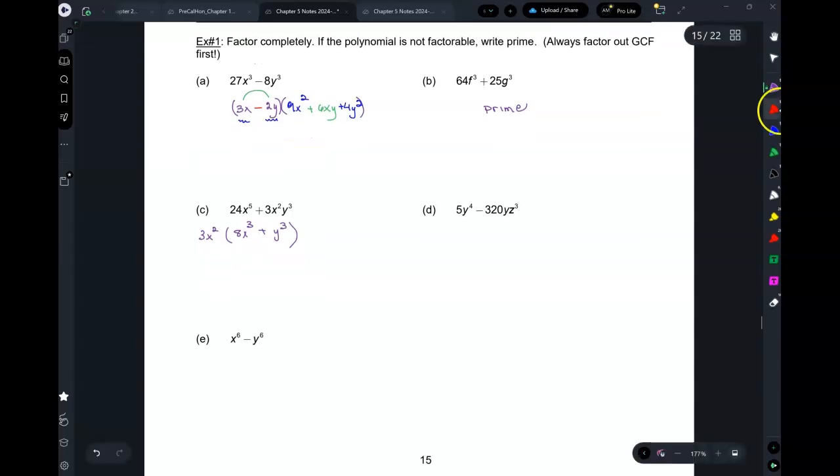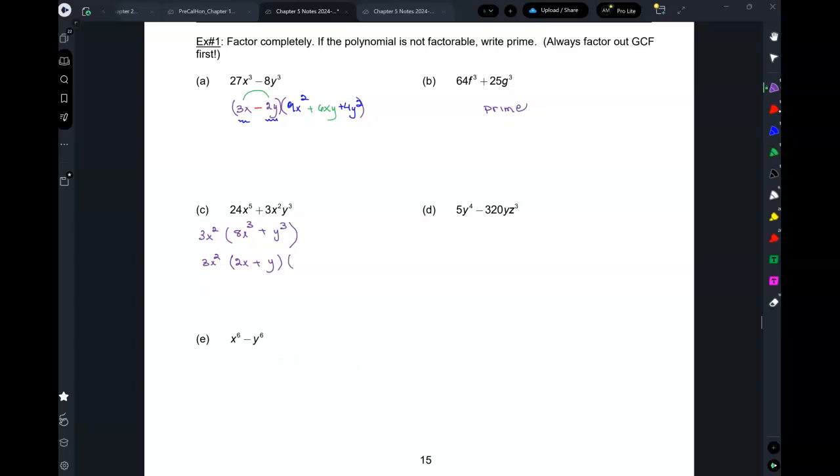Okay, so the 3x squared has to come along for the ride. Now here I do have perfect cubes. So the first case, it'll be the cube root of 8x cubed, which is 2x, and y. Does plus or minus have to go in here? Plus.